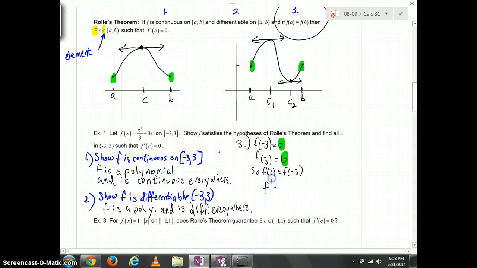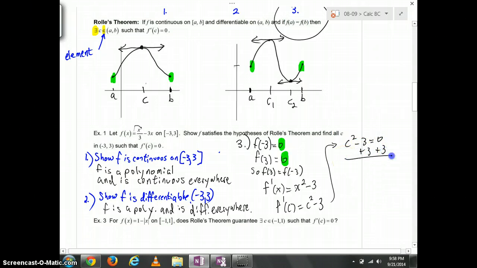Well, let's find f prime of x. Taking the derivative with respect to x, bring down your 3, and the 3 and the 1/3 cancel, and you'll just have x squared, and then the derivative of negative 3x is simply minus 3. So f prime of c, we're saying there's some number, c, x value, such that c squared minus 3 is our tangent line slope, but I'm going to say this should arrive at 0 somewhere according to Rolle's theorem.